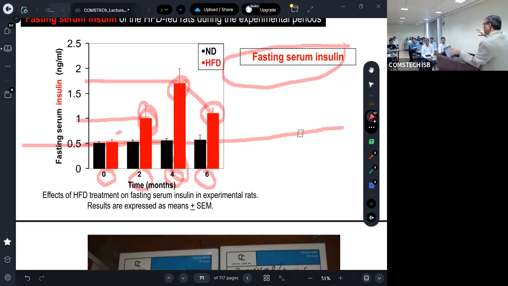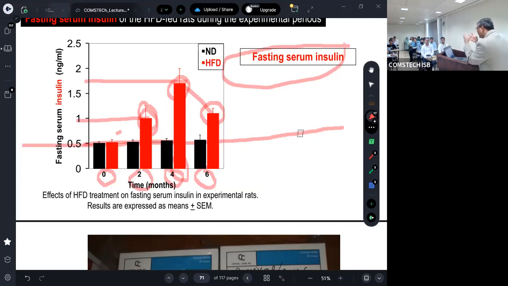As I told you, normally in obese people, they are making more and more insulin. But due to a problem with the insulin or glucose receptor or their number, insulin cannot bind.